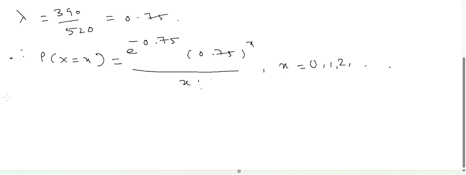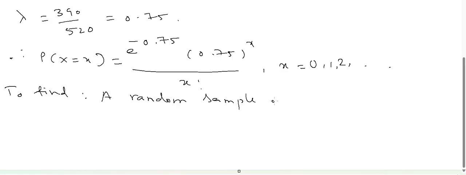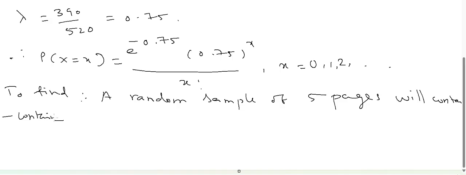What do we actually need to find? To find the probability that a random sample of 5 pages will contain no error.